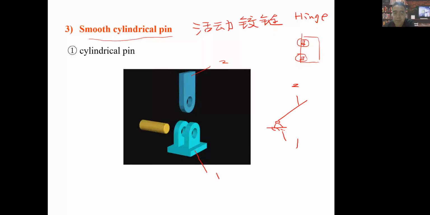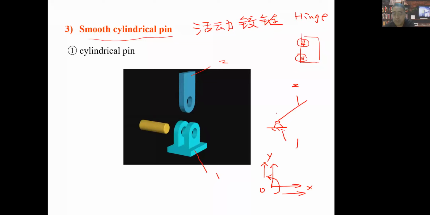Body 1 will not move. It's fixed here. So do you guys still remember we have talked about if a body is on a plane, it only has 3 capable movements. Translational movement along X, maybe Y, and rotation around the Z axis, right?